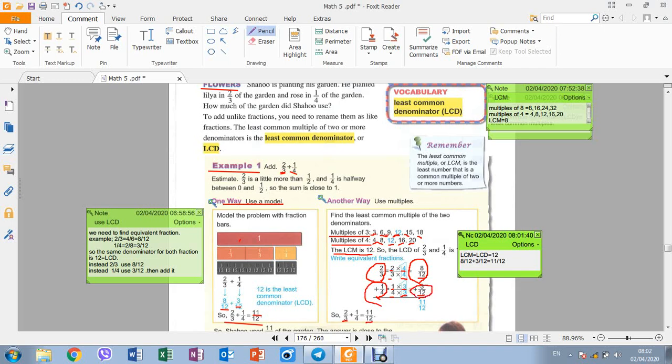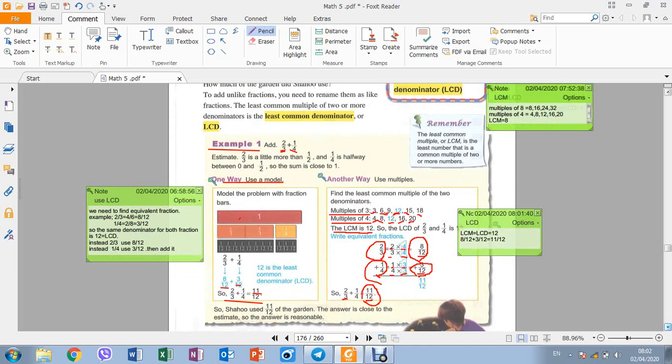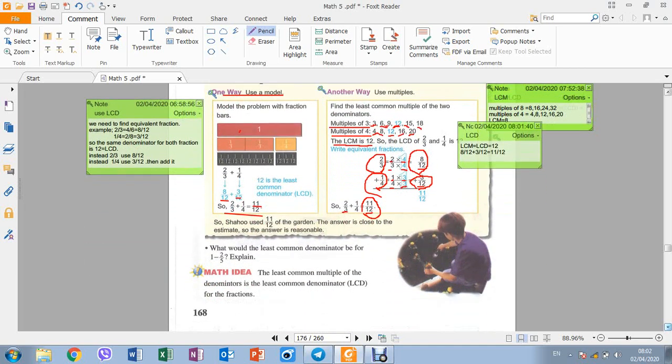So instead of 1/4, use 3/12, and the sum equals how many? 11/12. And here I wrote it for them. And here is equal to how many? 11/12. Do you understand? And this is the first example. We saw Shaho used 11/12 of the garden.